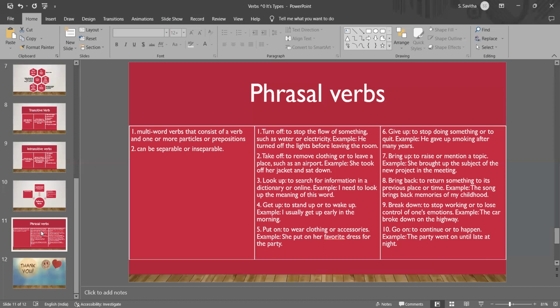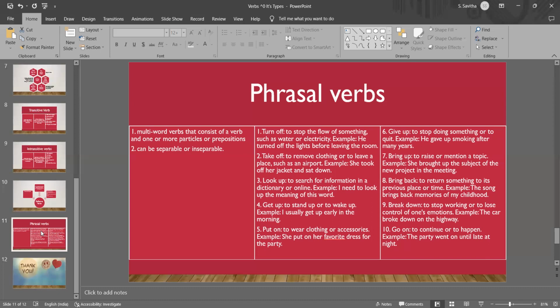They have their particles moved to different positions in a sentence. Now, when you look into my first example, turn off is a separable phrasal verb. It can be written as he turned the lights off, or he turned off the lights. Either way, it can be written.